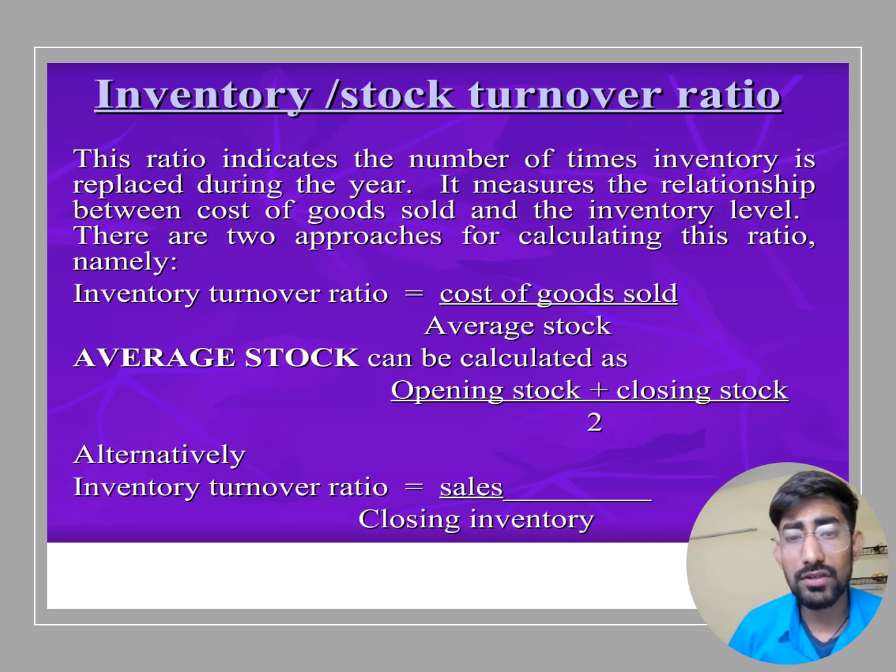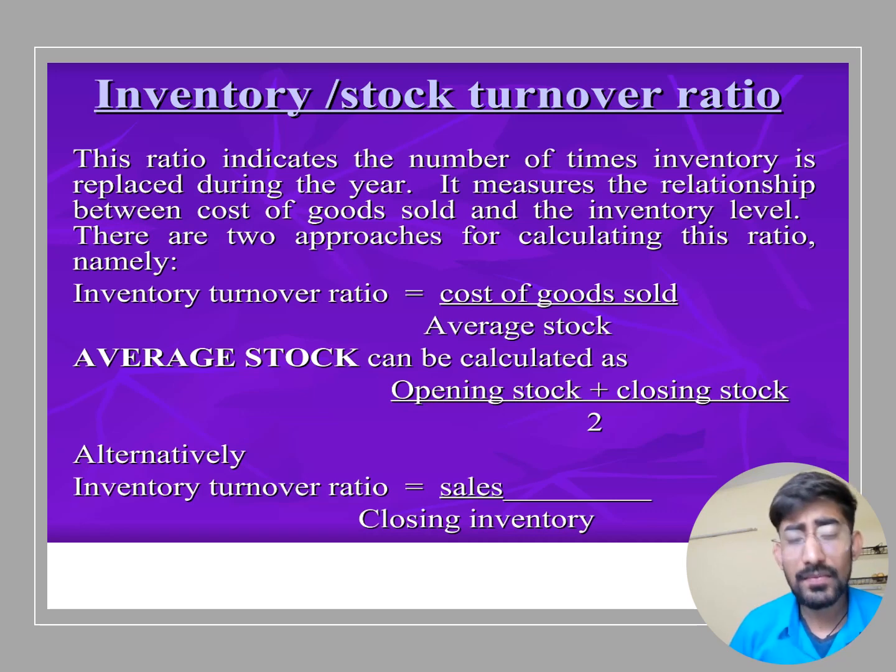And we know average stock is nothing but opening stock plus closing stock divided by 2. The second approach says sales divided by closing inventory. Basically, we prefer the first approach, that is inventory turnover ratio equals cost of goods sold divided by average stock. This is the most widely used formula for calculating the inventory turnover ratio.